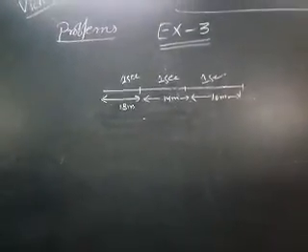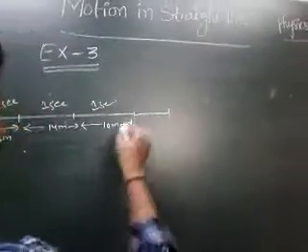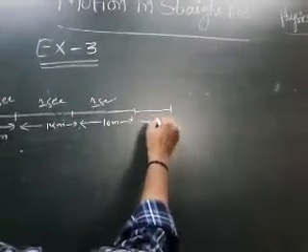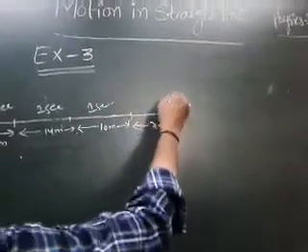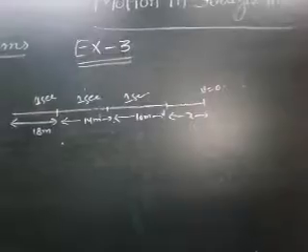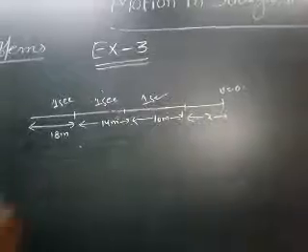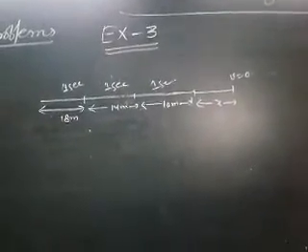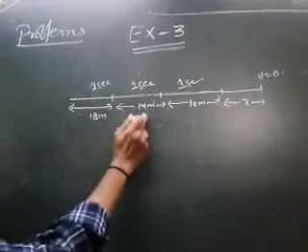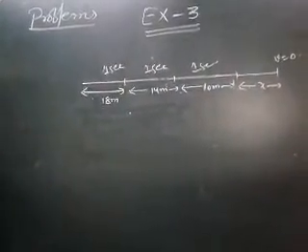Then it comes to rest after traveling a further distance x. Here the final velocity becomes 0, right? So what is the further distance it will be covering when it comes to rest? This is the question. In the first interval the distance covered is 18, next interval 14, and next 10, and so on, further distance covered.